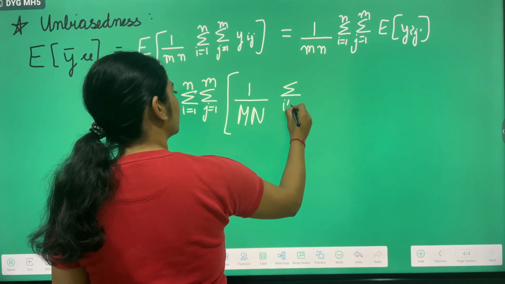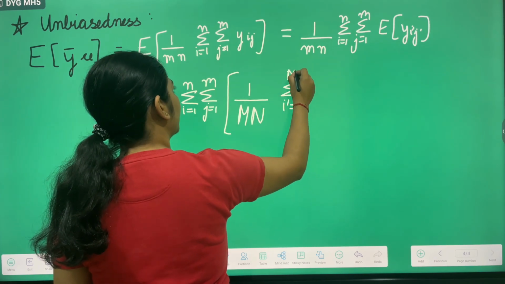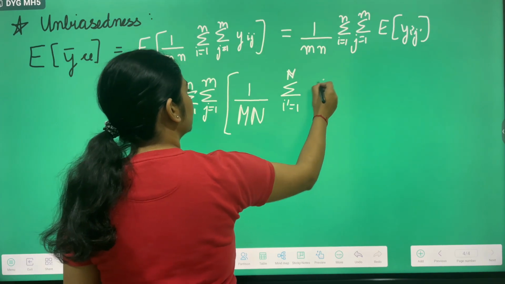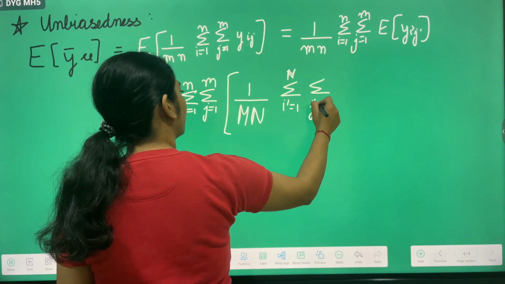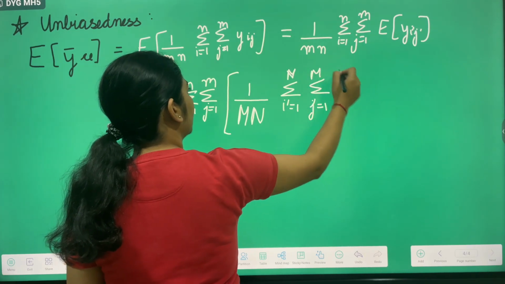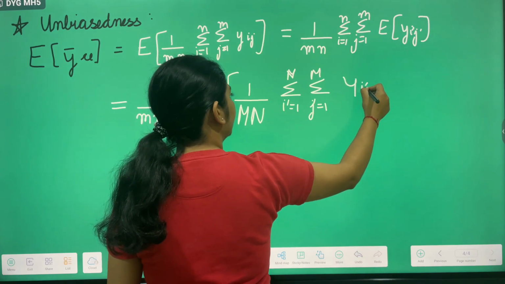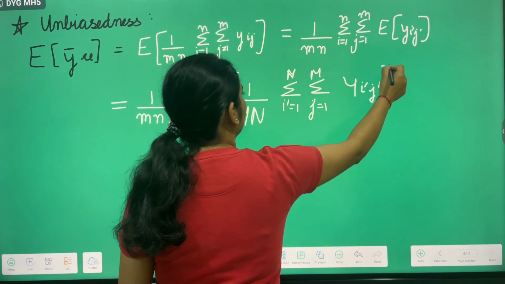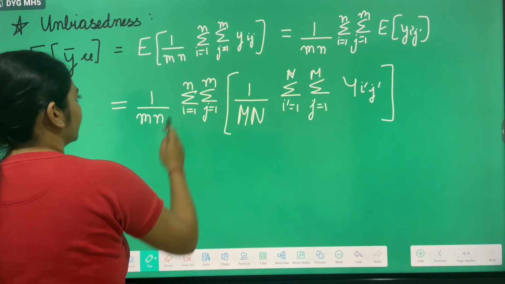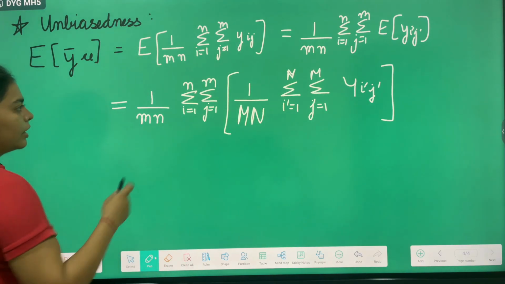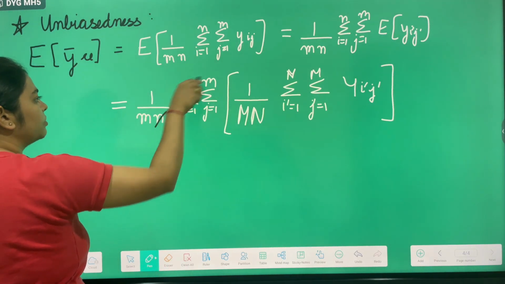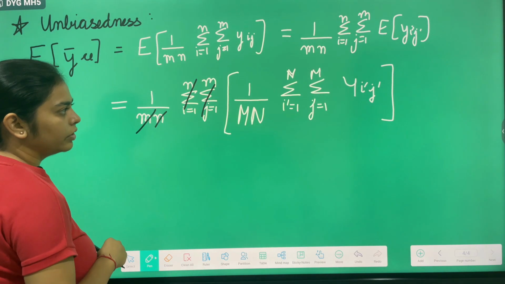Summation i' goes from 1 to capital N, summation j' goes from 1 to capital M, Y_i'j'. Here the summation of N and M will get cancelled with the denominator, because small i and small m are nothing over there.